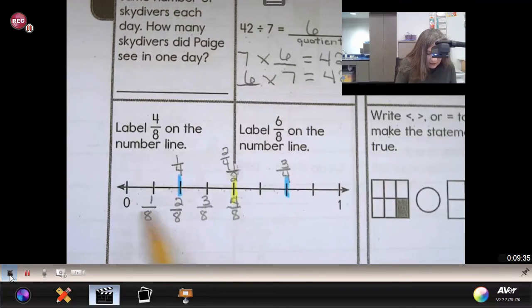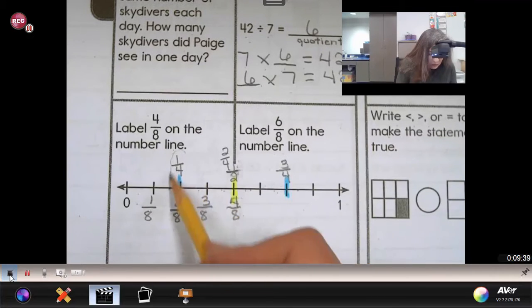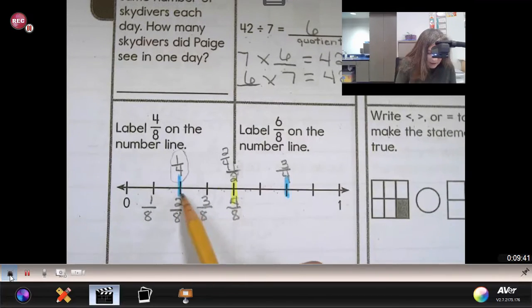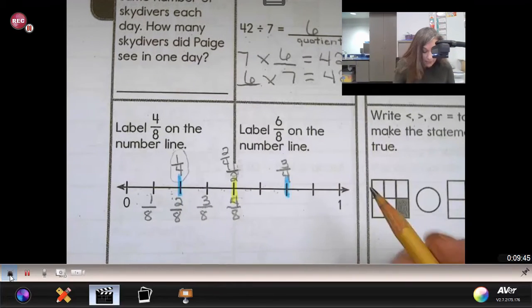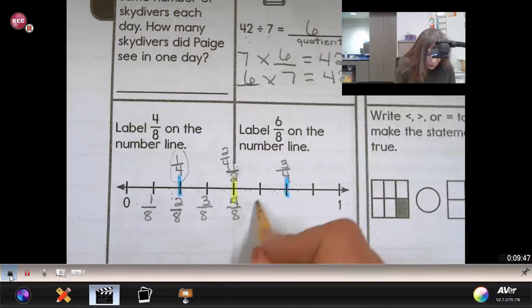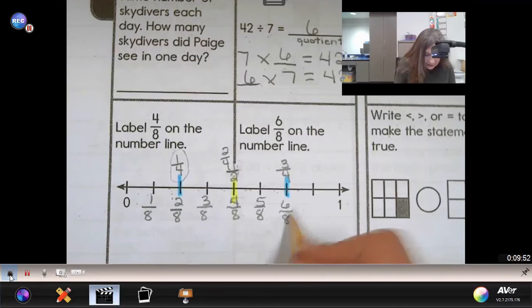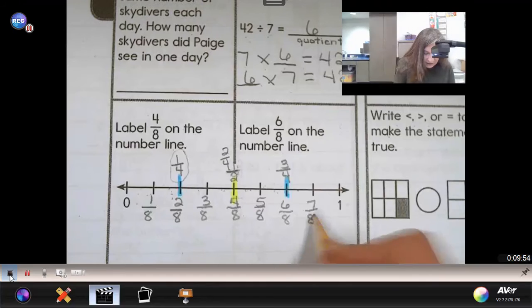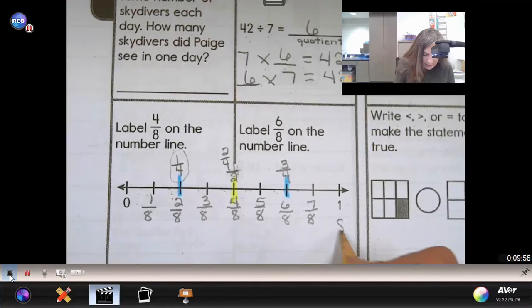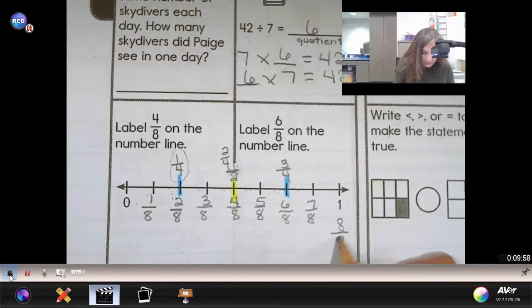Notice that we still have these fourths within these 8s because what we did was we took each fourth and we broke it up into 2 more parts. We multiplied it by 2, okay? So now we can continue on. This is 5/8, 6/8, 7/8, and finally 1 whole is the same as 8/8.